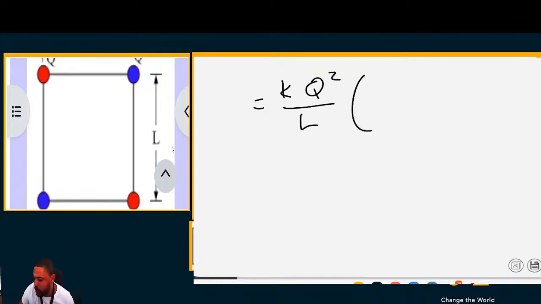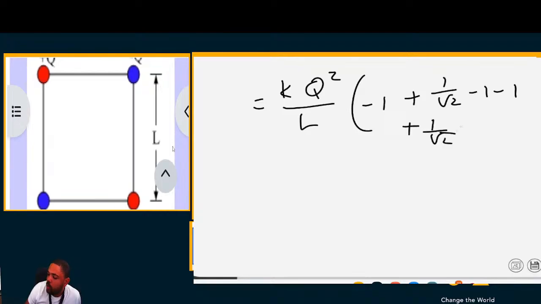What we're left with is negative 1, plus 1 over square root 2, negative 1, plus 1 over square root 2, negative 1, negative 1.